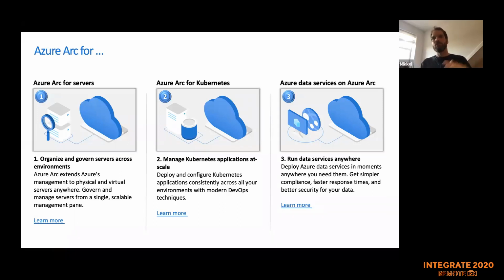So Data Services is where we can deploy onto Kubernetes. And of course, Azure Arc for Kubernetes is the thing that will help you not only deploy and run applications on Kubernetes anywhere, but also manage, monitor, configure and apply policies on top of your Kubernetes clusters.